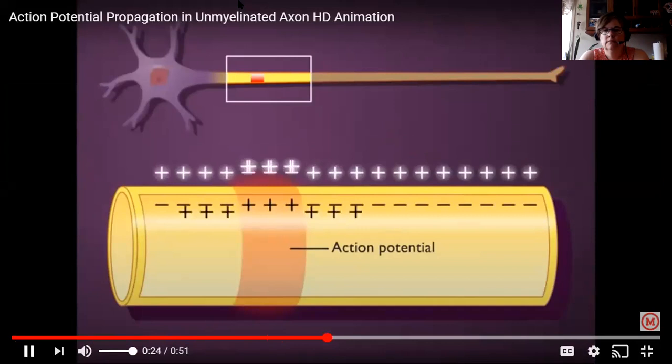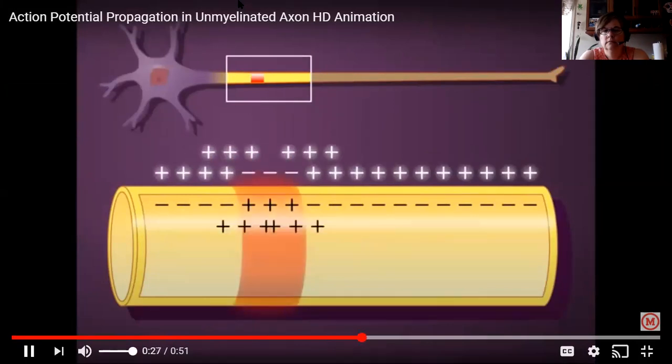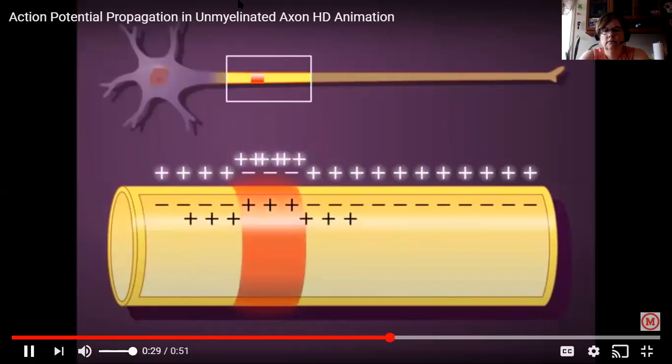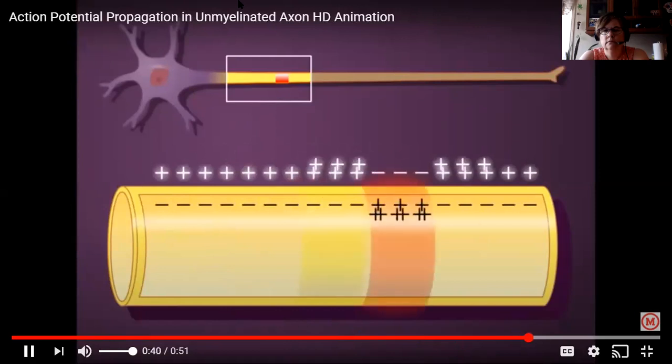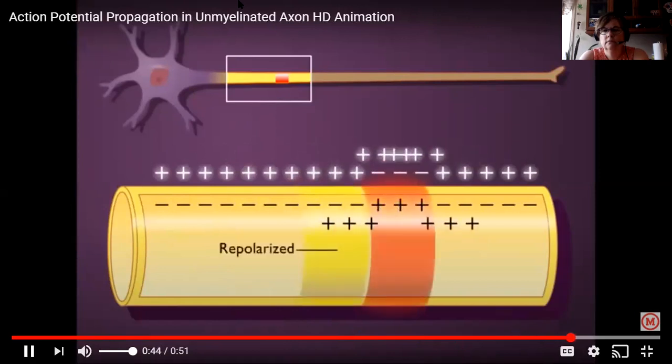When depolarization caused by the local currents reaches threshold, a new action potential is produced adjacent to the original one. Action potential propagation occurs in one direction because the recently depolarized area of the membrane is in absolute refractory period and cannot generate an action potential.